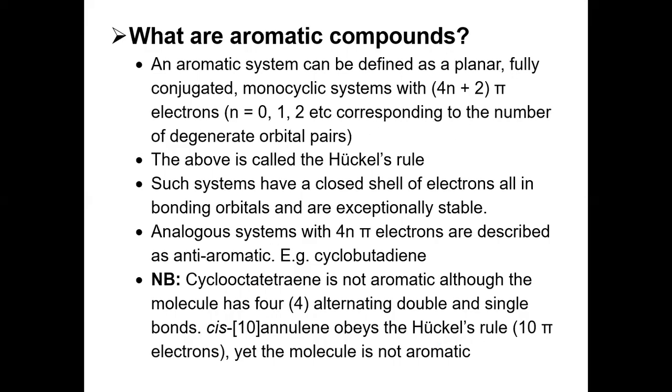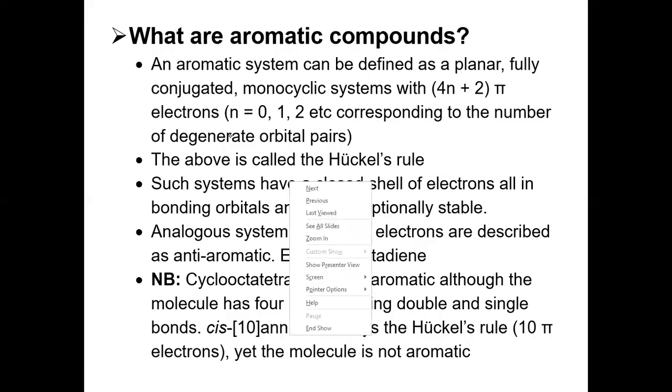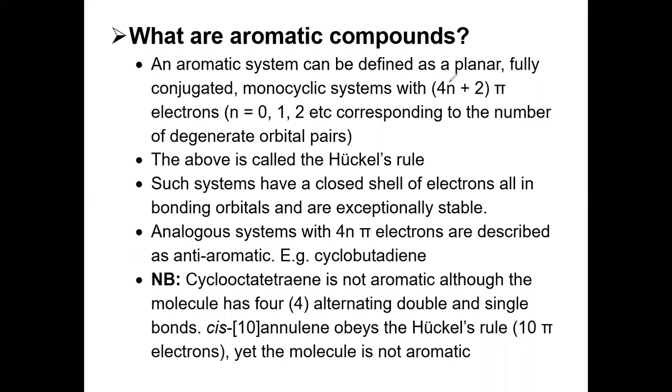Now let me state 1 or 2 things to make Hückel's rule very simple for us. Let me write on this screen. Good. So now if n is equal to 0, we have 2, right? If n is equal to 1, we have 6, as in the case of benzene. If n is equal to 2, we have 10.